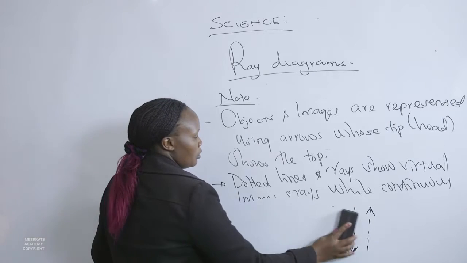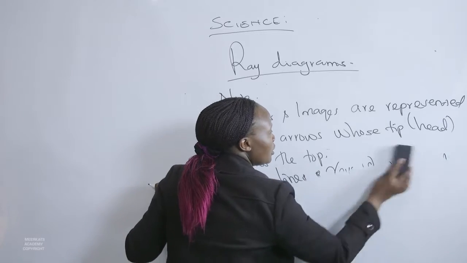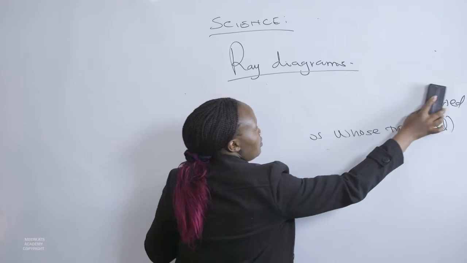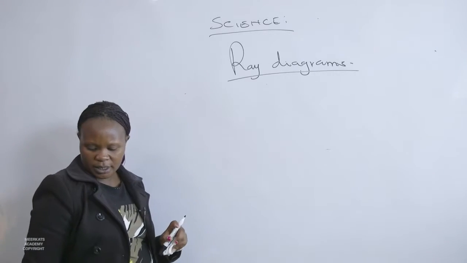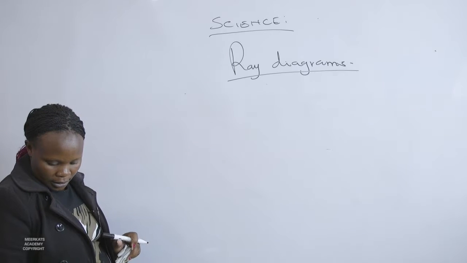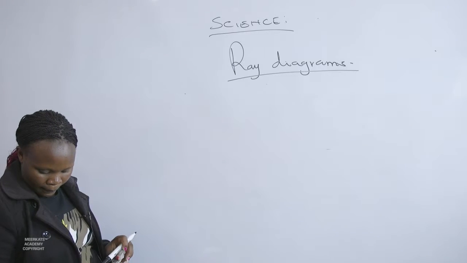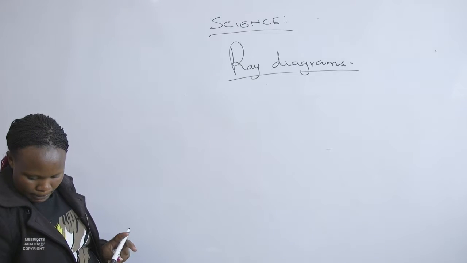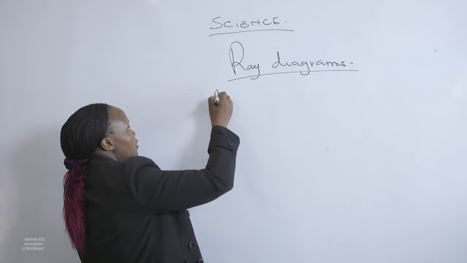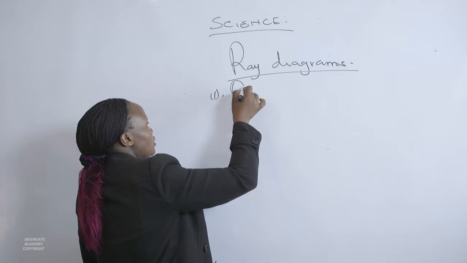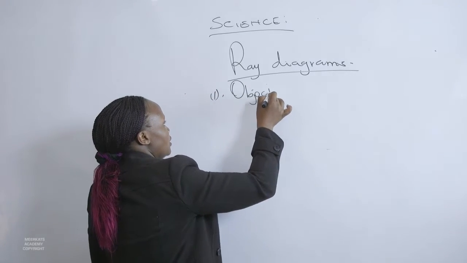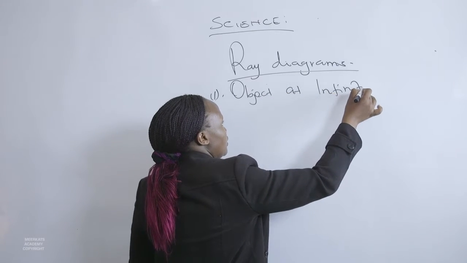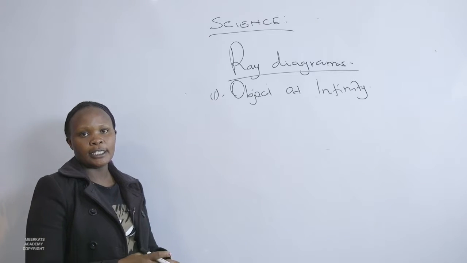Now, let us consider the following ray diagrams. Number one, object at infinity.